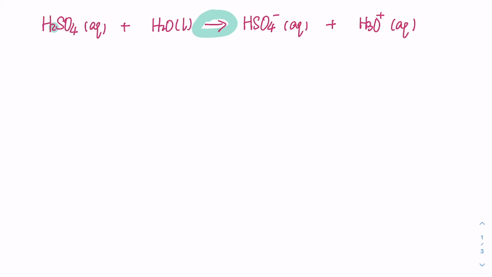And then the question is, we still have another proton we can donate, so there is the following step. HSO4 minus is going to donate another proton. For the second step, it's not going to be 100% ionized, only partially.